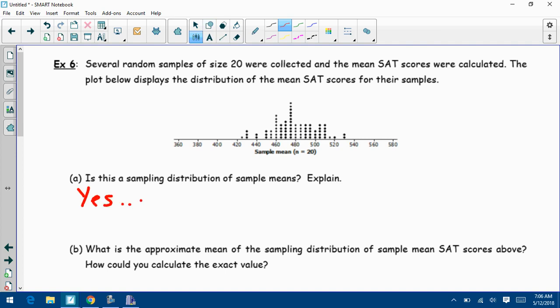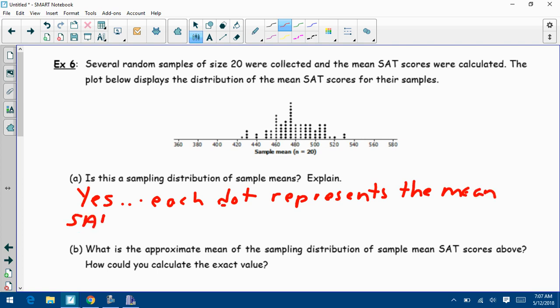Each dot represents the mean SAT score calculated from one sample of size 20.